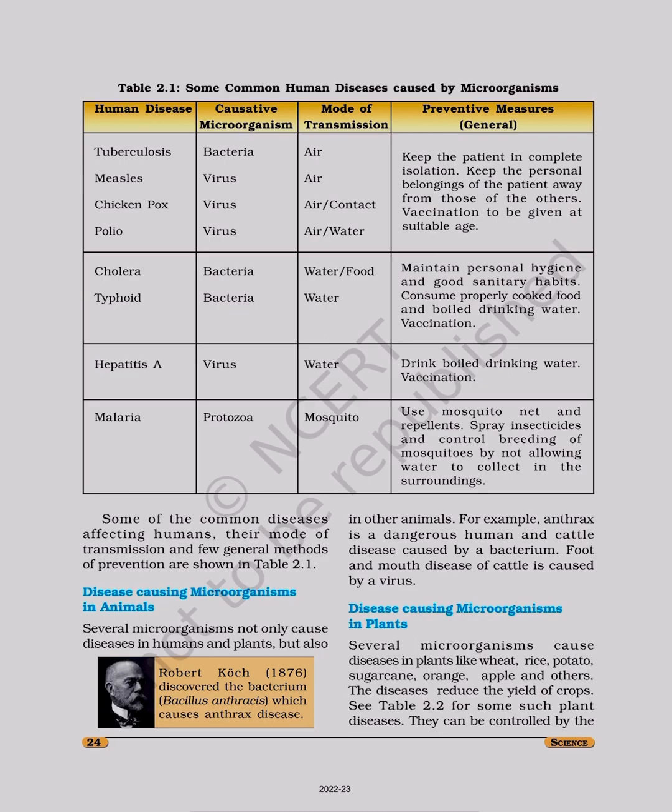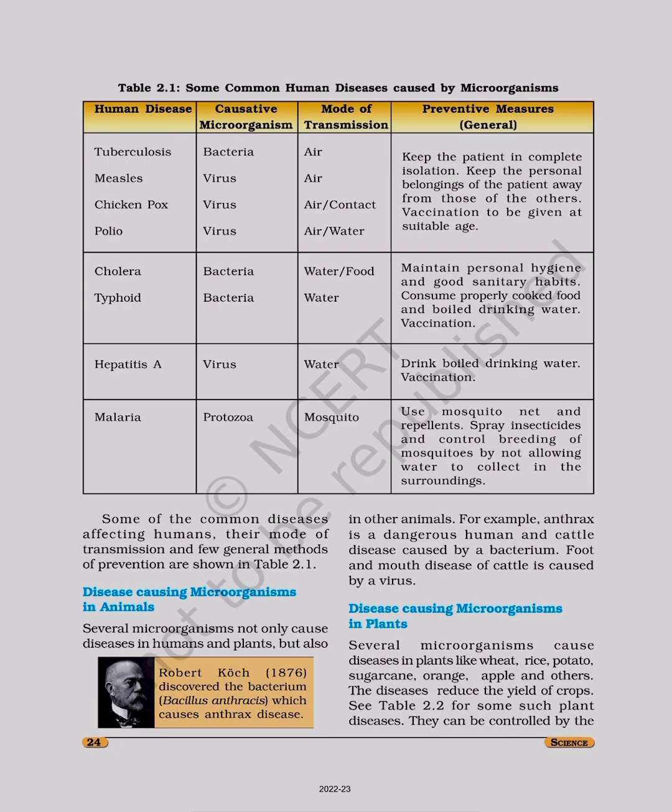Preventive measures: for tuberculosis, measles, chickenpox, and polio, keep the patient in complete isolation. Keep the personal belongings of the patient away from those of the others. Vaccination to be given at a suitable age. Next, cholera and typhoid. Preventive measures: maintain personal hygiene and good sanitary habits. Consume properly cooked food and boiled drinking water.